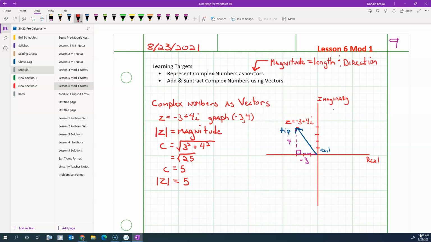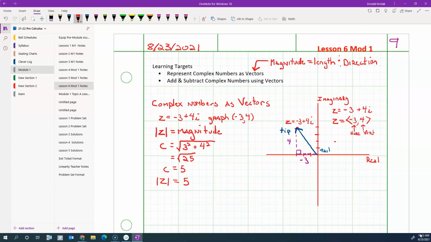So you might see z equals negative 3 plus 4i. It might also be written like this: negative 3, 4, and the way you know it's a vector is that instead of brackets, it has these angle brackets. All of this is your horizontal, and then this is your vertical, or your imaginary part.